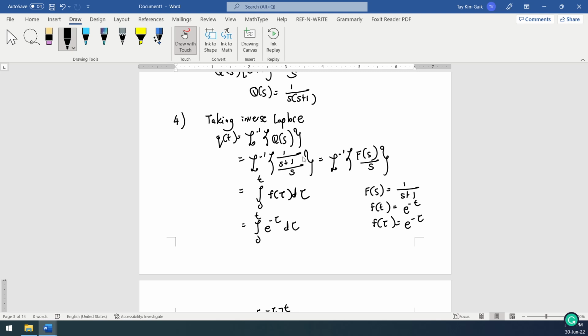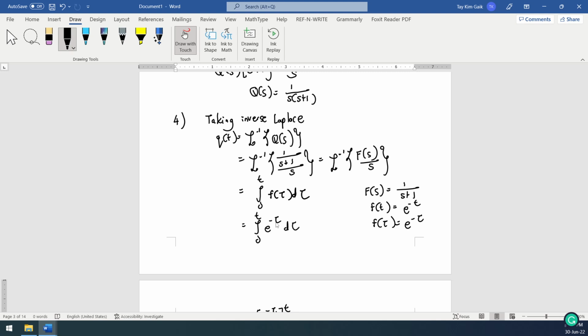So you have the form of inverse Laplace of F(s) over s. By using the transform of integral, it will be the integral of f(tau) d tau from 0 to t. So F(s) is 1 over s plus 1, f(t) is exponent negative t, and f(tau) is exponent negative tau.